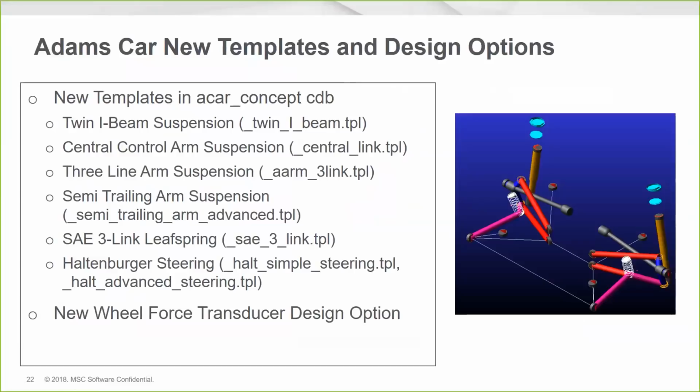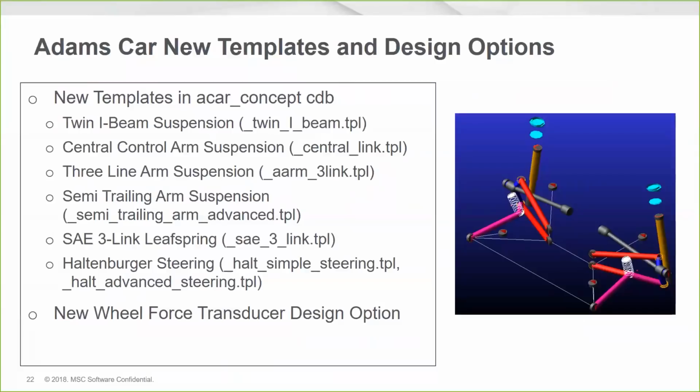There's a new design option for the wheel force transducer. This is a new option that you can turn on to mimic the data acquisition devices that are out there physically. These attach to the spindle or hub part with a fixed joint. It's really helpful in correlating data acquired by the test engineers for wheel loads and displacements during vehicle simulations.